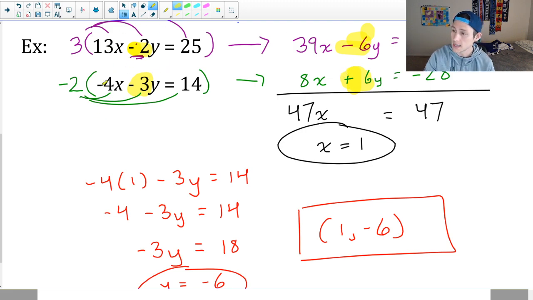We multiply the entire equation by that. Add the equations together, and it eliminates the variable y, so now there's only an x, and we just solve for x. Once we know x equals 1, we plug it into one of the equations from before, it doesn't matter which one, and solve for y.